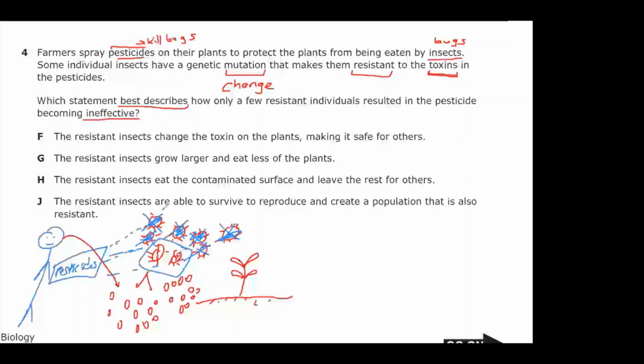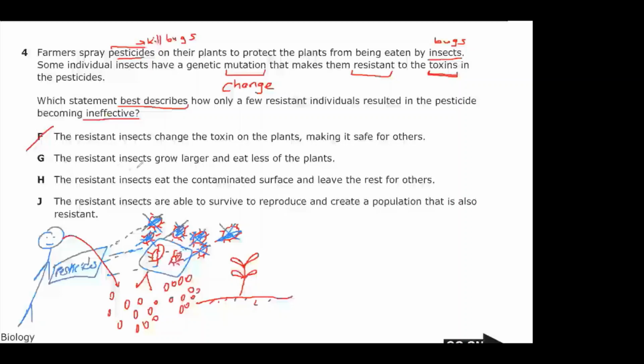So let's look at the question and then look at the answer choices again. Which statement best describes how only a few resistant individuals resulted in the pesticides becoming ineffective? It's not working anymore. It's not going to kill the bugs. The resistant insects change the toxin on the plants, making it safe for others. It's not the correct answer.